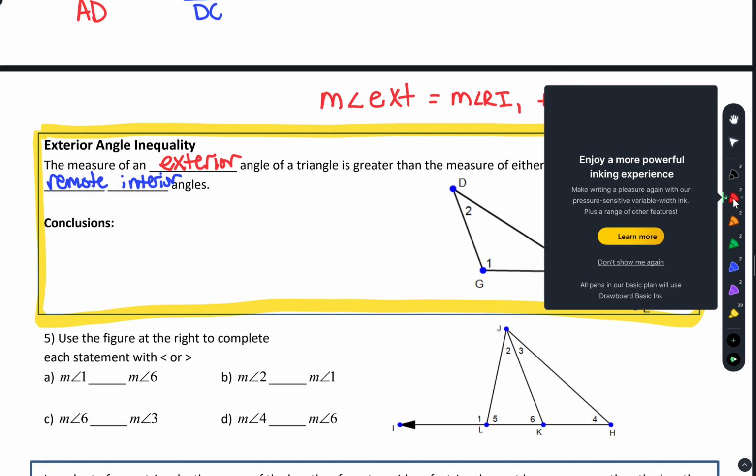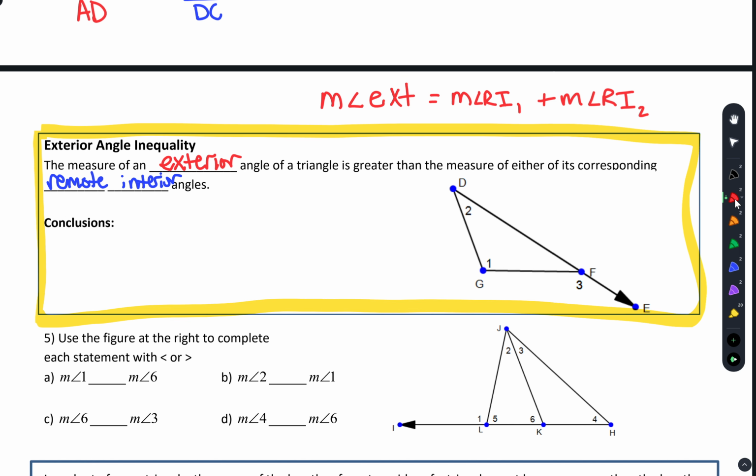So in this diagram, remember to get an exterior angle, we take the side of a triangle and we extend it. So the exterior angle is angle 3. And all this says is that angle 3 has to be bigger than angle 2, and it has to be bigger than angle 1. That's all that says. Any questions on that?